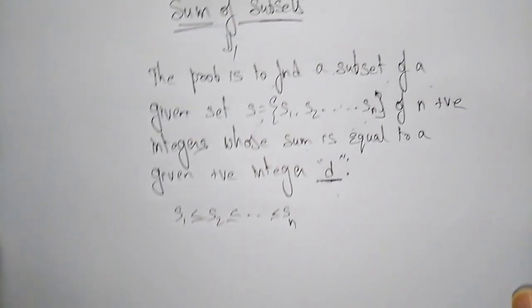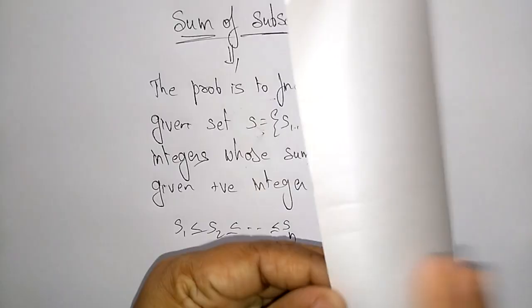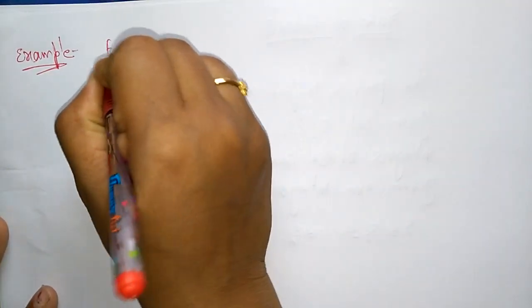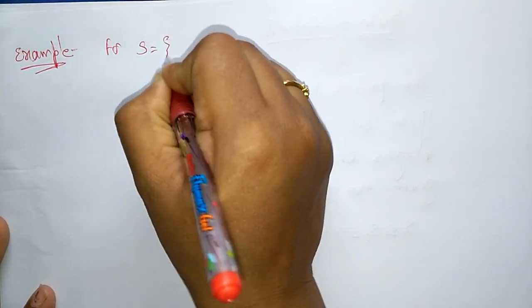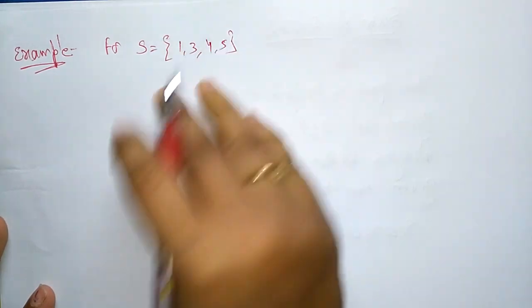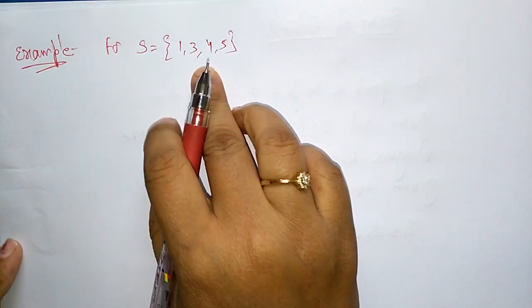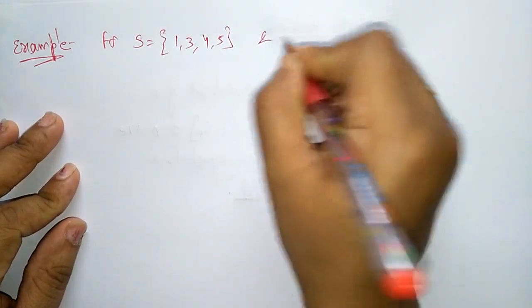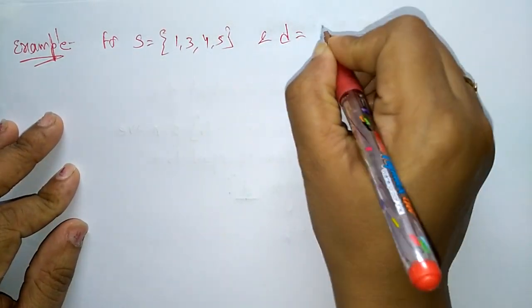Now let us take one example for the sum of subset. Let us take the set S consisting of 4 elements: 1, 3, 4, 5. In this set we have to select a subset whose total is the integer 8.